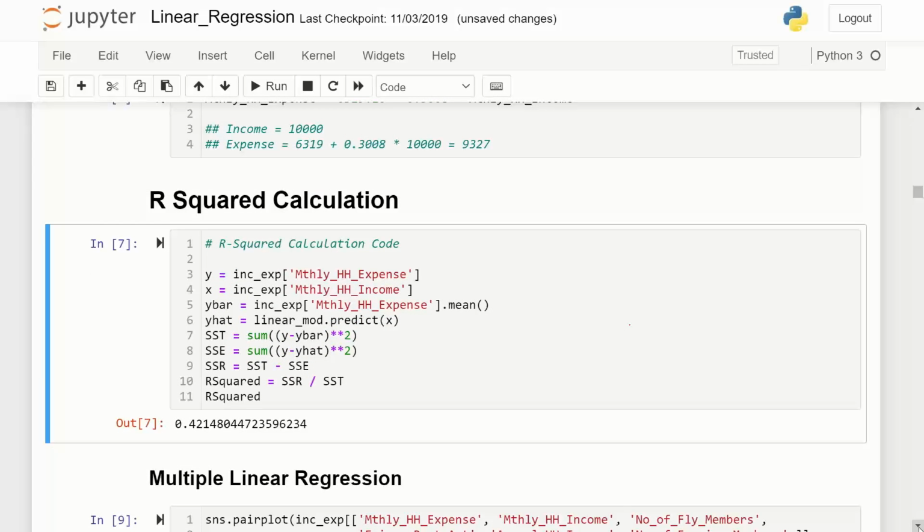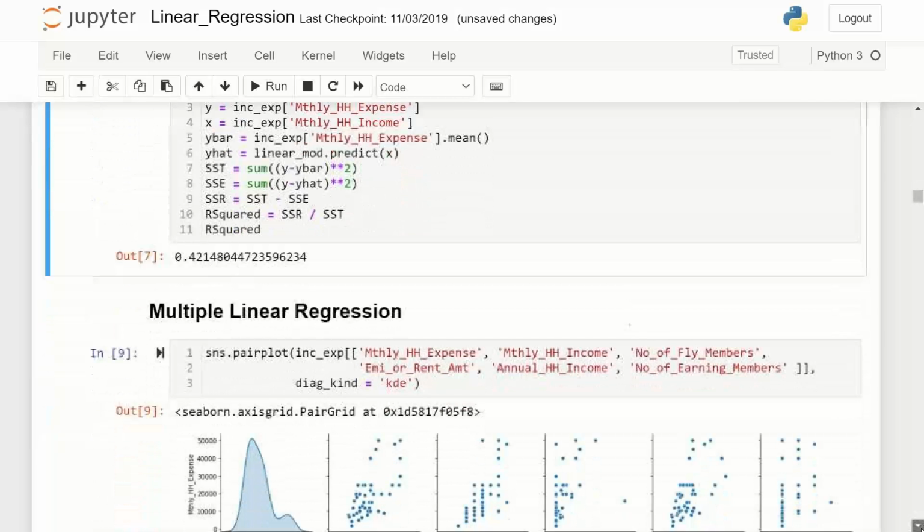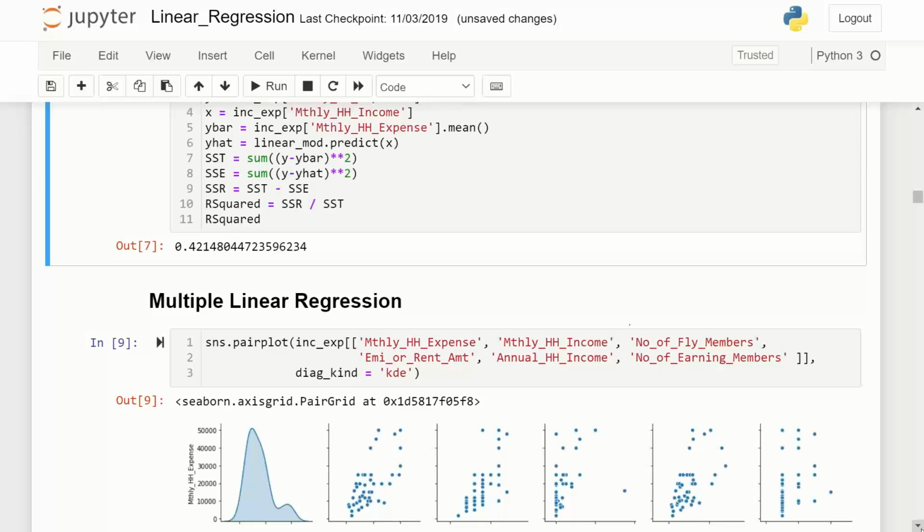So I can do R squared. With this, we have understood the very important concept of R squared. And because our model is only able to explain 42%, it is very much clear we need to bring in more factors in our model. As I bring more factors, what I am doing is I am getting into a multiple linear regression. What we built so far was a simple linear regression.